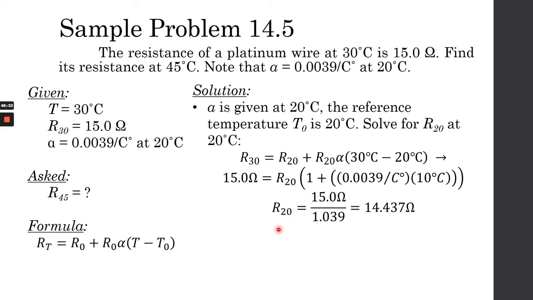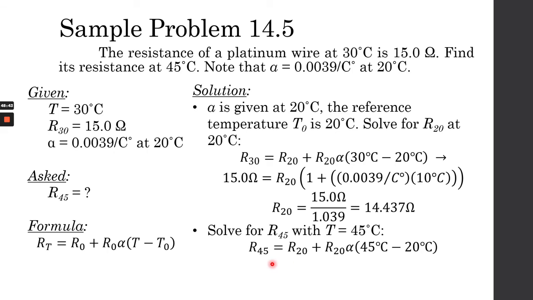Now we can use R20 to solve for R45, using again R20 as our T sub 0, our reference temperature. So the resistance at 45 degrees Celsius equals R20, the resistance at 20 degrees Celsius, times A. We use the same A because we're using the same reference temperature.